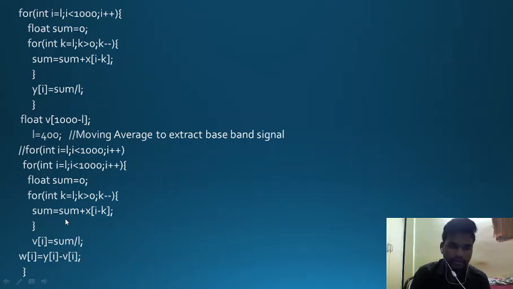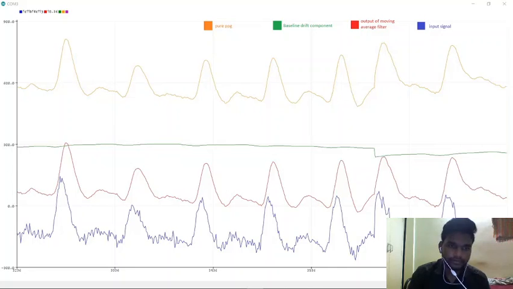Then we will get the output baseline drift component. V of I is the baseline drift component. Now we have to subtract V of I from Y of I. We will get W of I, which is the pure PPG signal.